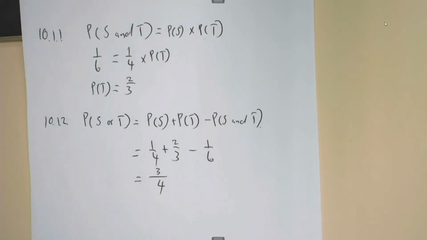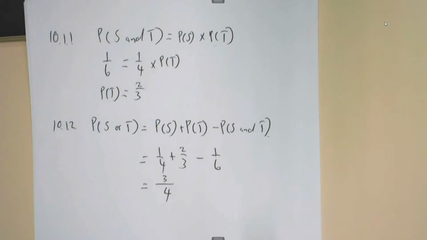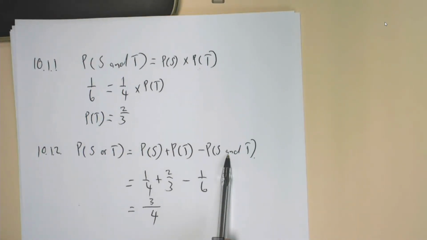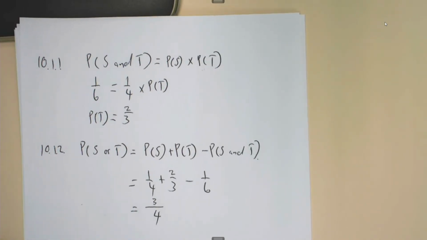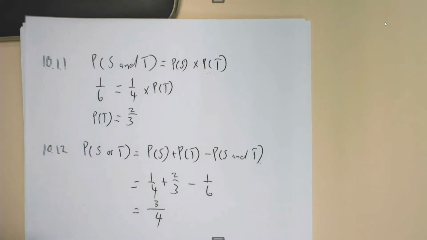Remember, they can also tell you that these two events are mutually exclusive, and they wanted you to find the probability of S or T. Then we know that in the probability identity, if they are mutually exclusive, the probability of S and T will be 0. Remember those keywords when dealing with these types of questions.